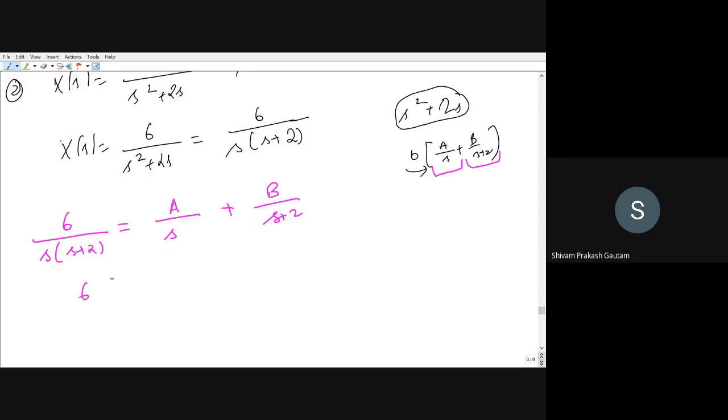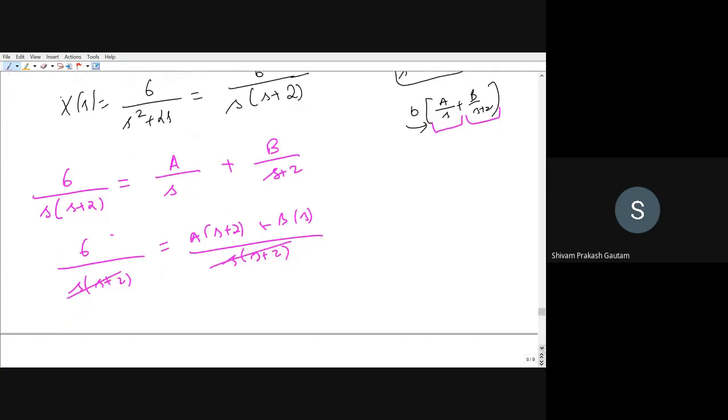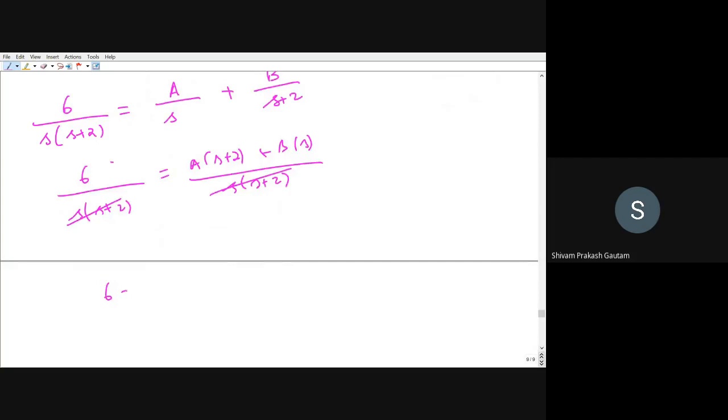Now if we take the LCM, this will be 6 upon s into s plus 2 is equal to A into s plus 2 plus B into s, upon s into s plus 2. So the denominators will cancel, and we will have 6 is equal to A into s plus 2 plus B into s. Put s is equal to 0. So if s is equal to 0, the B term is equal to 0. So A will be equal to how much?